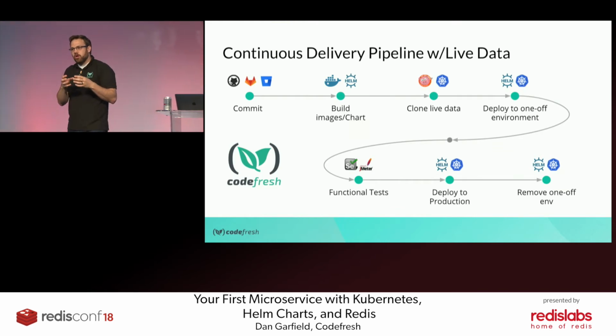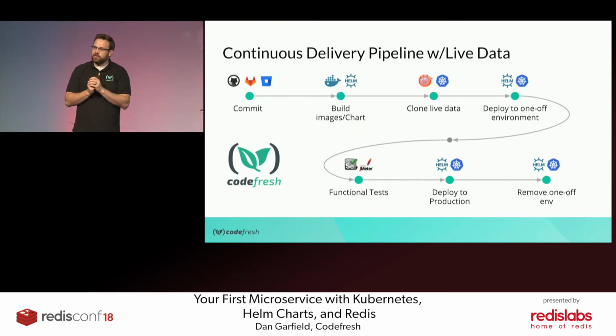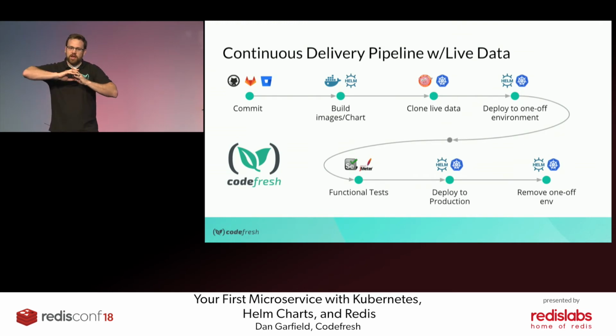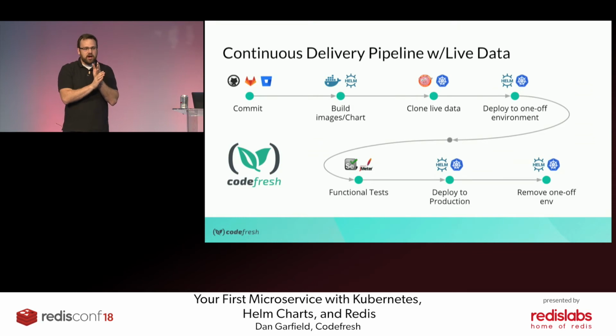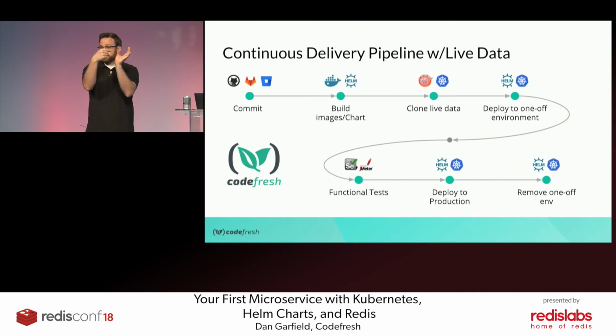Then I'm going to clone live data. And clone here is a bit of a misnomer. I should say maybe snapshot live data, because what I'm actually doing is not creating a copy of the data. I'm doing a copy on write. You could think of it like a virtual volume, and that volume is essentially empty. It just points to the original volume.